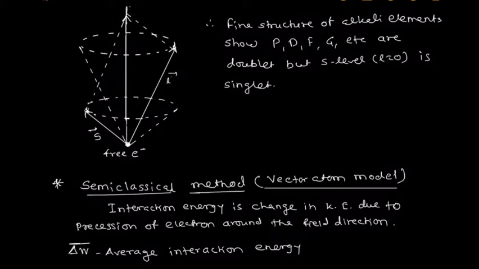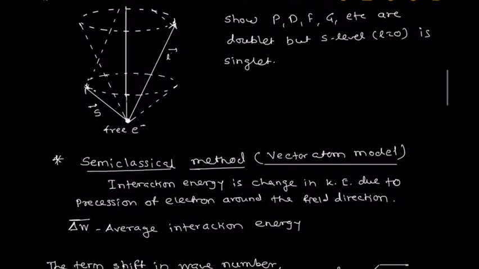According to the vector atom model, the valence electron is revolving about the nucleus, this is due to the orbital motion of an electron. That orbital motion of the electron interacts with the spin motion due to the field produced by both the motions. We discuss the results of the vector atom model here.